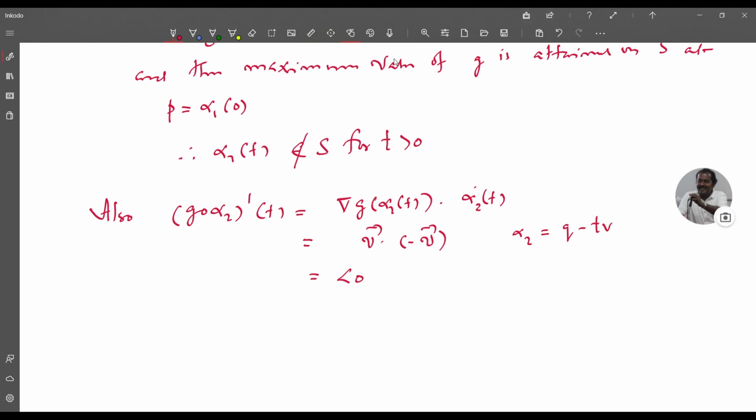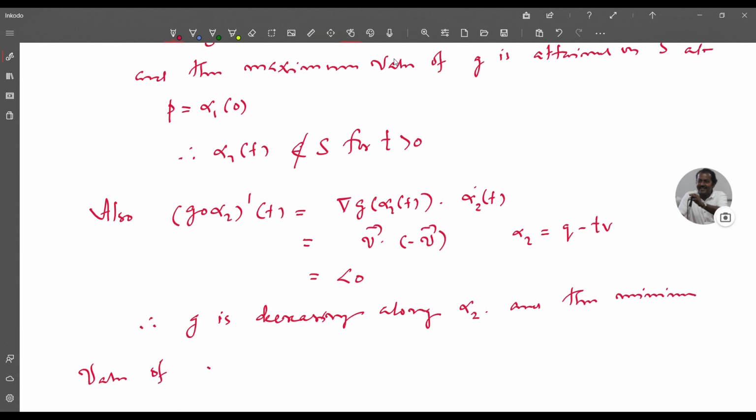Therefore, g is decreasing along alpha 2. And the minimum value of g is attained at Q equal to alpha 2 of 0. Therefore, alpha 2 of t does not belong to S for t greater than 0.